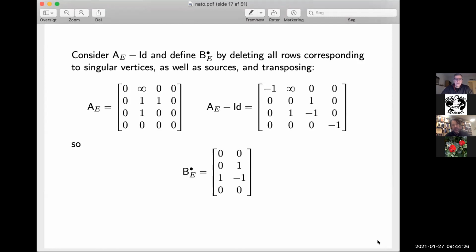And then to compute the K-theory, you need to remove all the rows that come from singular vertices, and you also should remove columns that come from sources. So you clean up the matrix a little bit, and then you transpose it.